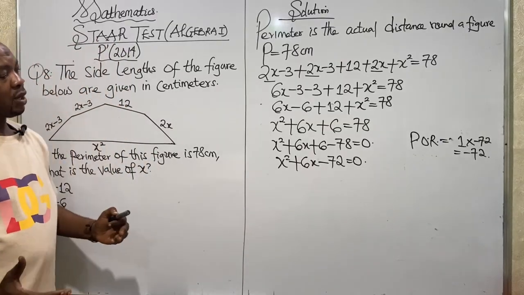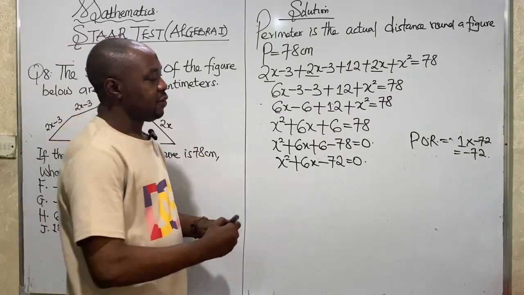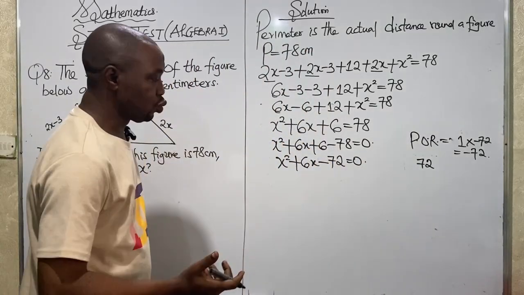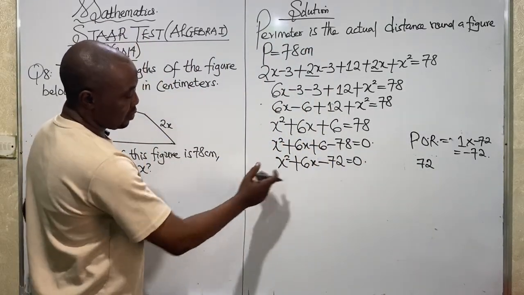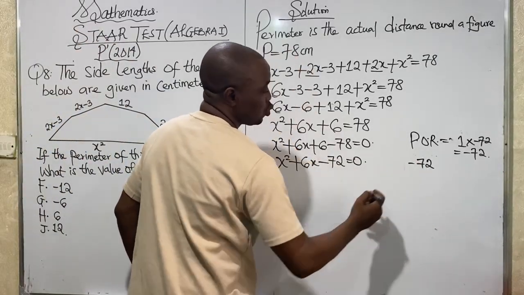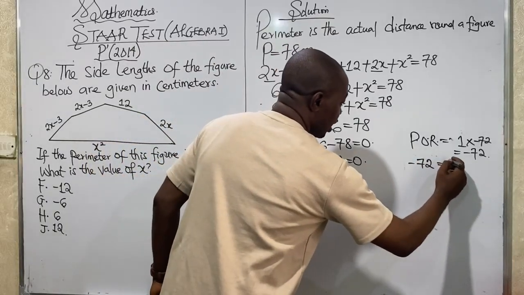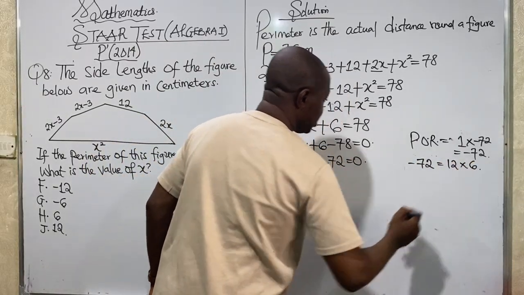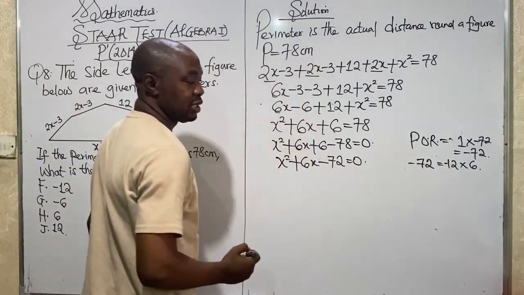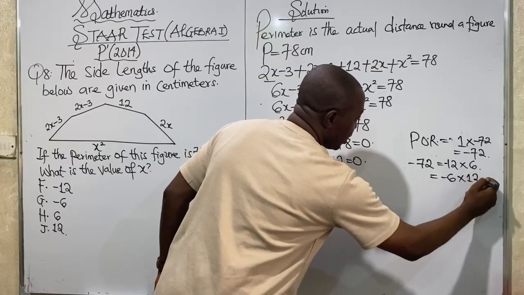When we look at what we have here, the factors of negative 72 that will work here: we can have 12 multiplied by negative 6, and also negative 6 multiplied by 12.